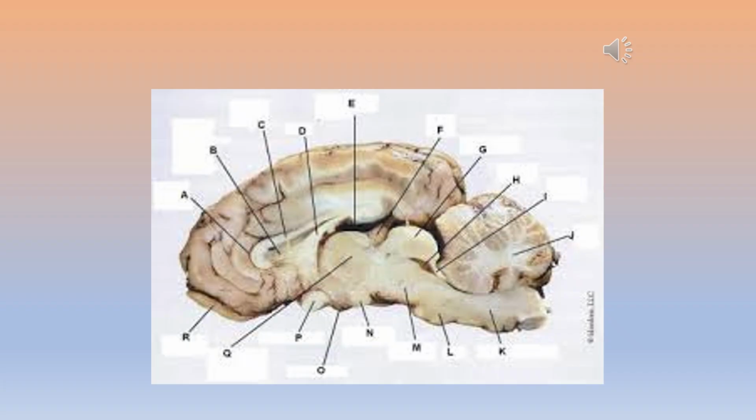The pointer is kind of between two structures there, but I can tell you what both of them are. Look at where pointer A ends. I just named that a minute ago, the genu of the corpus callosum, the bent knee. I don't think that's what they're trying to point to. I think it's intended to point to the noodle, which is just on top of the genu. It's kind of pointing to the space in between, which I don't know why they would do. So look at the noodle that sits just above the genu.